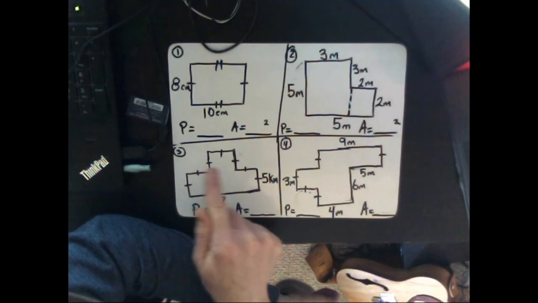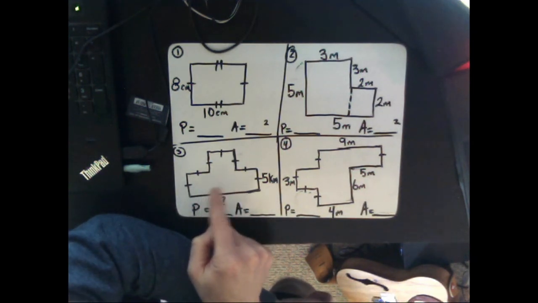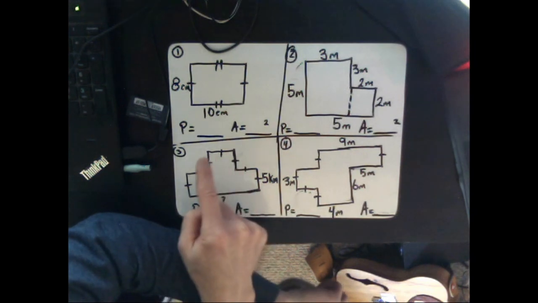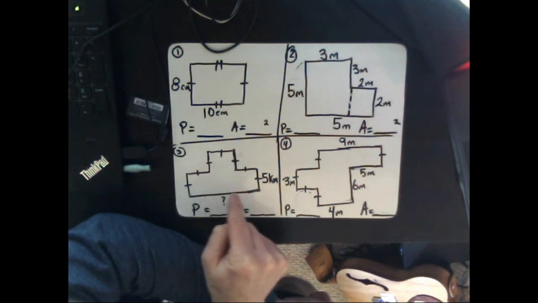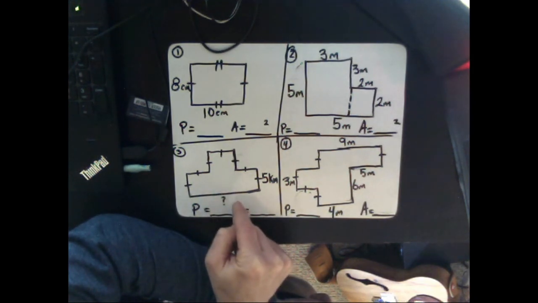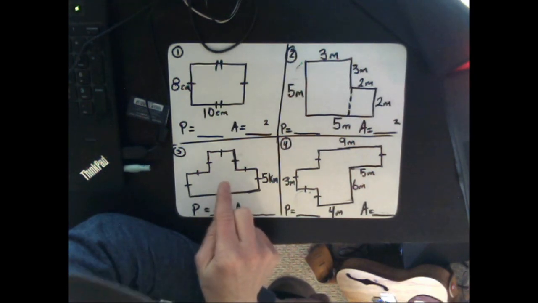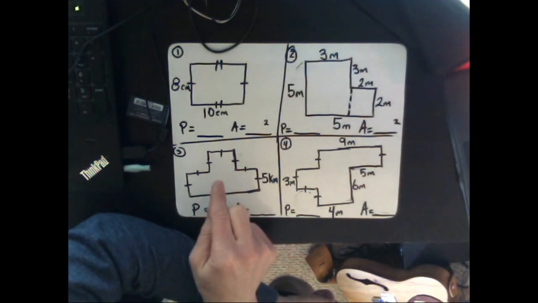That means they're all the same. And then I want you to use some critical thinking. Once you find these, see if you can figure out what this bottom line is going to be then. Find the perimeter, find the area. Again, for this one, you'll have to add a line somewhere to make 2 rectangles rather than one weird shape.